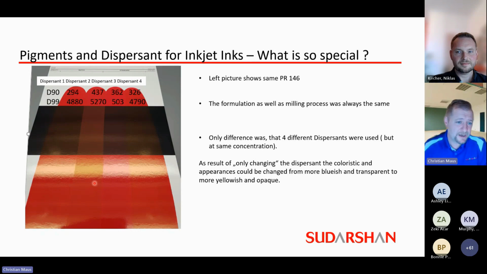And you can also see it here by the D90s and D99s, the huge differences here. So obviously the dispersant choice and pigment choice is really important. And on the next slide, Niklas will tell us a little bit what he's doing when he develops the right dispersant for a pigment, as an example.